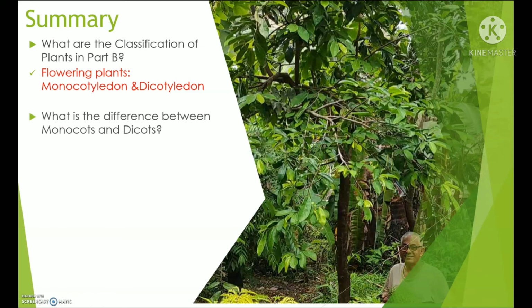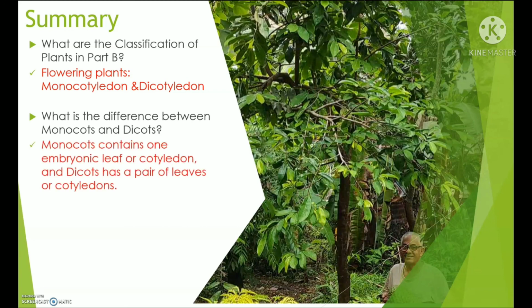Then, what is the difference between monocots and dicots? Very good. Monocots contain only one embryonic leaf, or cotyledon, while dicots have a pair of leaves, or cotyledons.